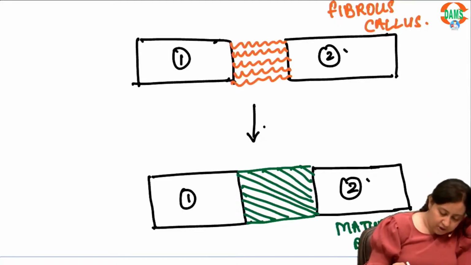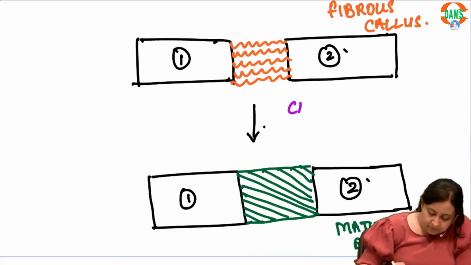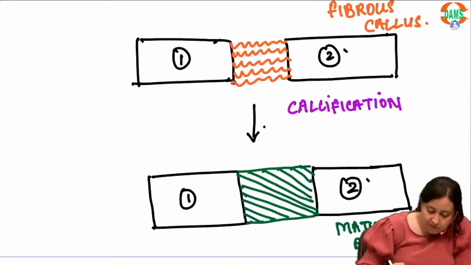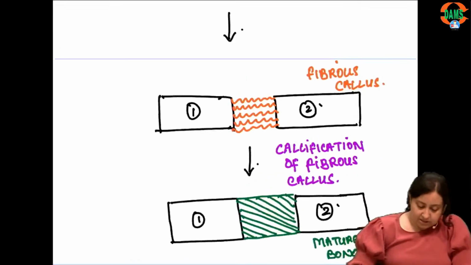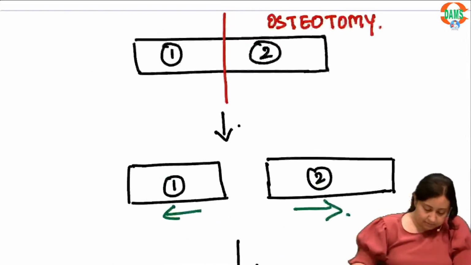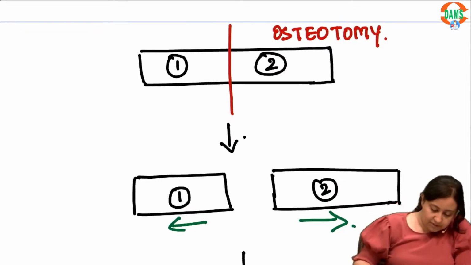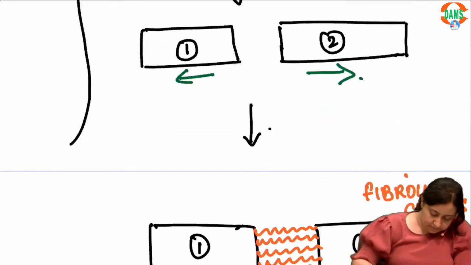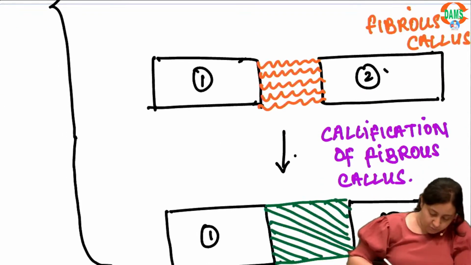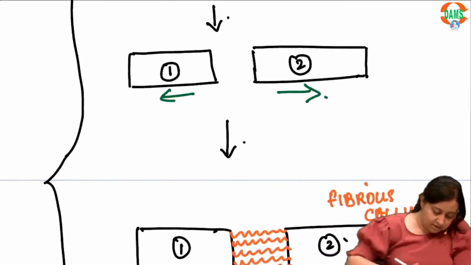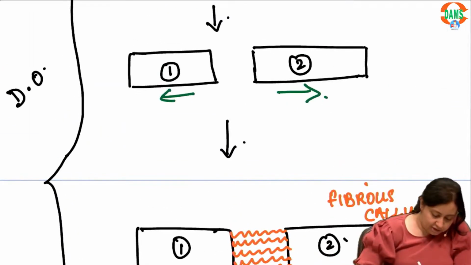Okay, so here what is happening is, between these two steps there is calcification of callus taking place, calcification of fibrous callus. Okay, so this entire process from osteotomy till mature bone formation, this entire process, this is distraction osteogenesis.